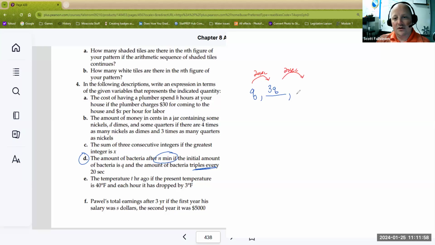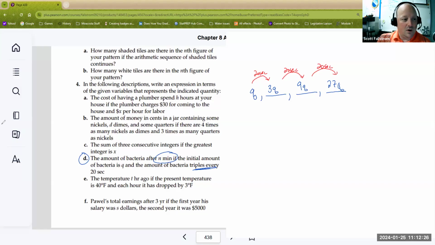Every 20 seconds, it triples, so I need 3 times what I had here. So I'm going to have 9Q. Now I go another 20 seconds, and during that next 20 seconds, every 20 seconds it triples. Now I have 27 times what I started with.